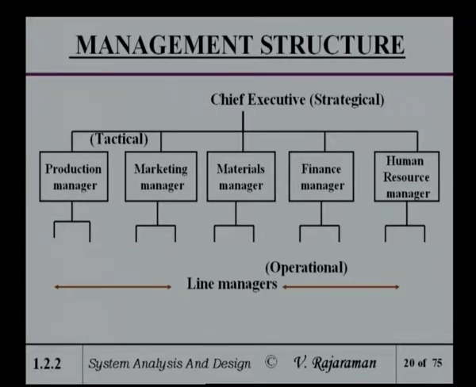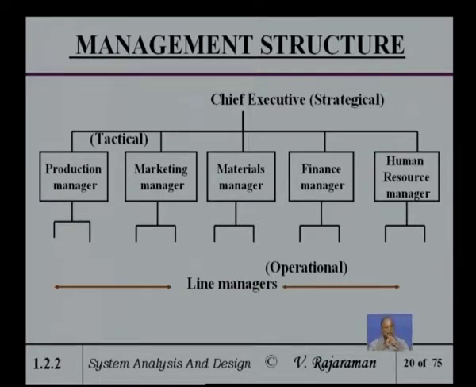Some places call them vice presidents, some call them general manager or whatever it is. The names differ, but by and large they are in charge of their entire function, namely production or marketing or materials or finance or human resource. So, each of them takes tactical decisions about their own areas, whereas the chief executive takes strategic decisions.